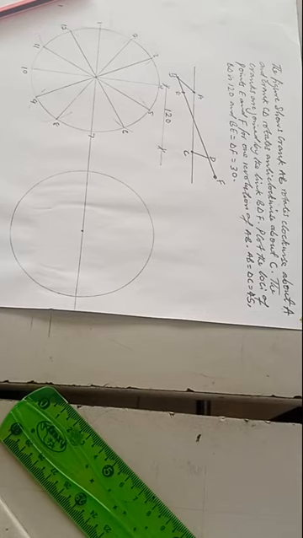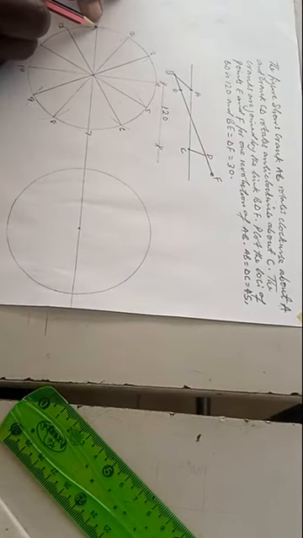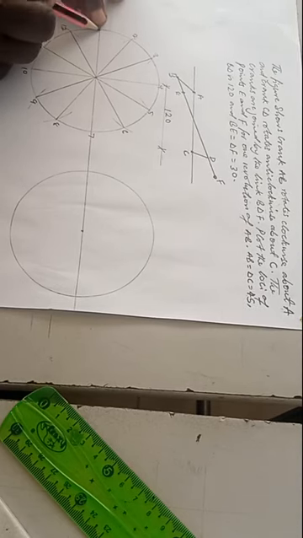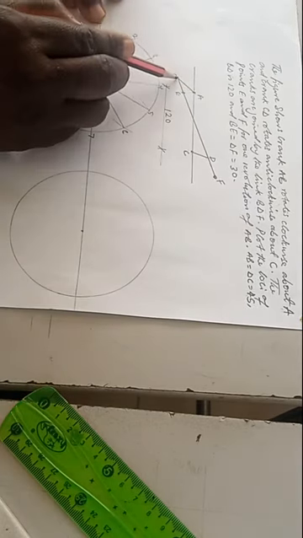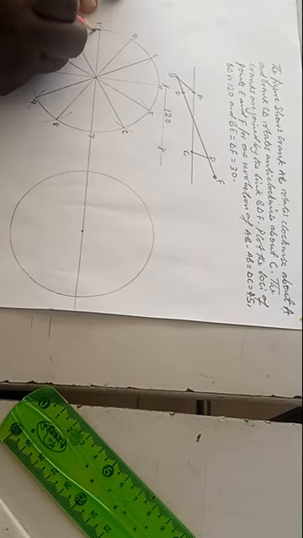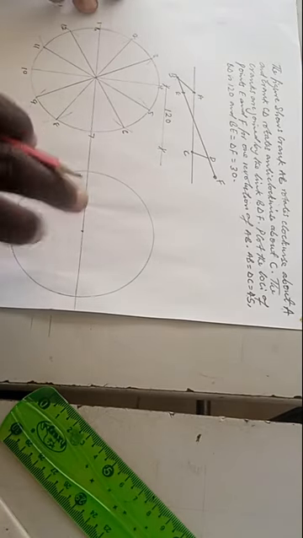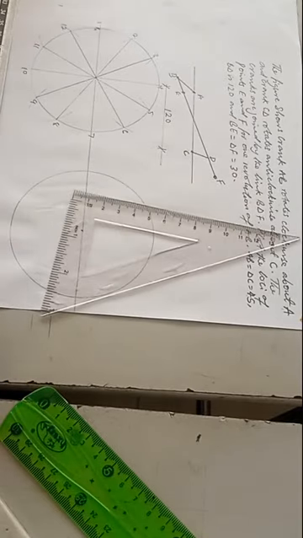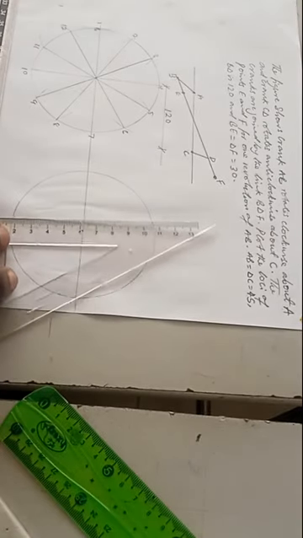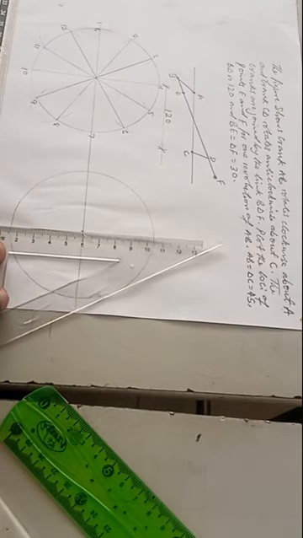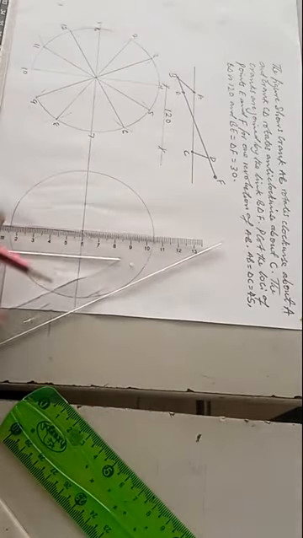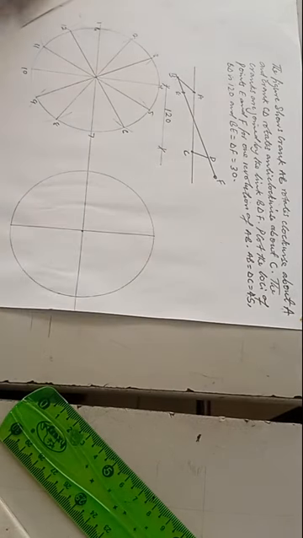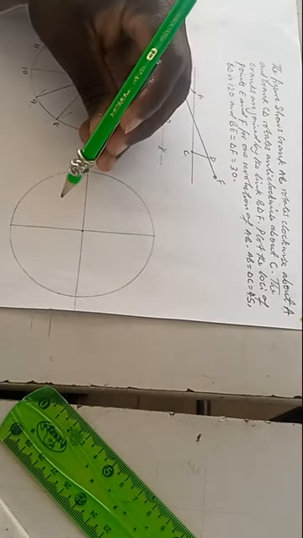Now, if they are starting from the same point, this one is starting from here. So if this is our B1, for this other, we have to divide this one too into 12 equal parts. We use the same radius of the circle.